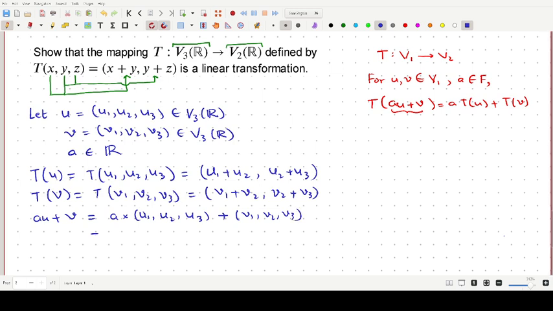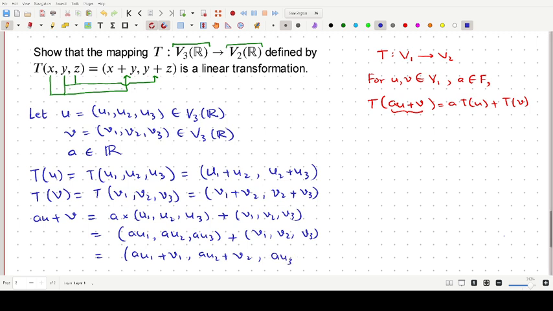The scalar multiplication goes as follows: au1, au2, au3 plus v1, v2, v3, right? And then we are going to go for a vector addition, that is au1 plus v1, au2 plus v2, au3 plus v3, and that gives us au plus v.